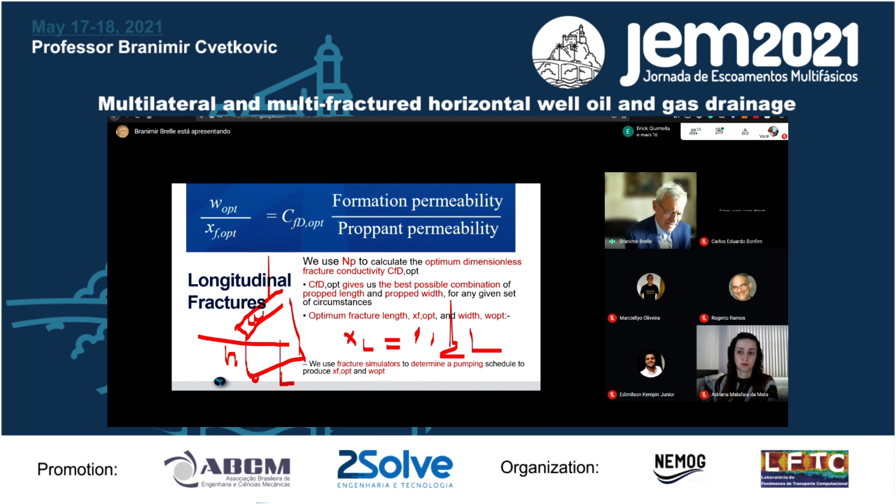So that is how much the reservoir will feed the fracture, and that is going to be one parameter. Another parameter is how the fracture is going to feed the well. So you are feeding first from reservoir to fracture, then from fracture you are feeding the well. And then you have these two numbers to combine, and that is coming into this CFD. Okay?